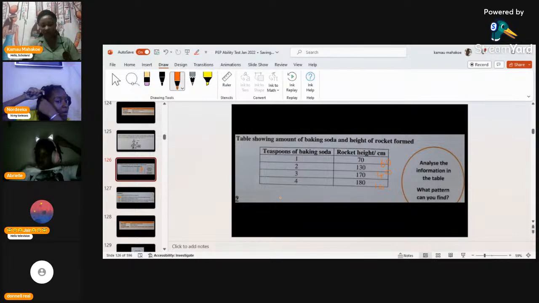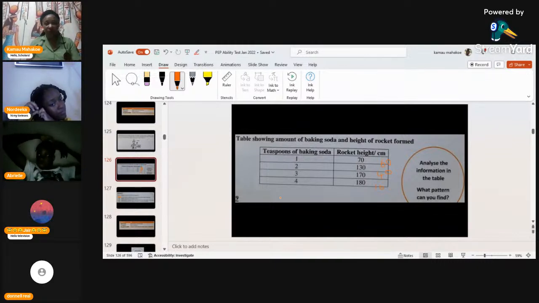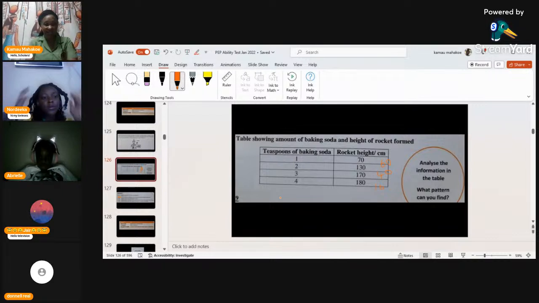It would get to a plateau and then either just stop increasing no matter how much more baking soda you put, or start to decrease, because sometimes that happens as well, where things get to a point and then the more you add, they actually start decreasing. We saw that yesterday, those who were on, with the fertilizer that was added.